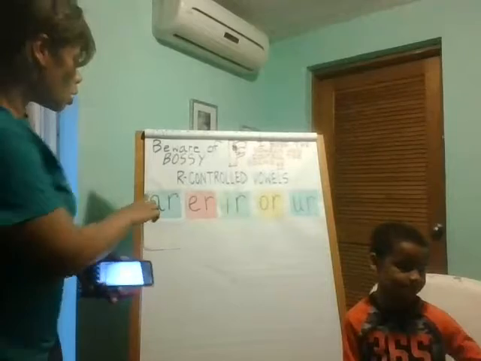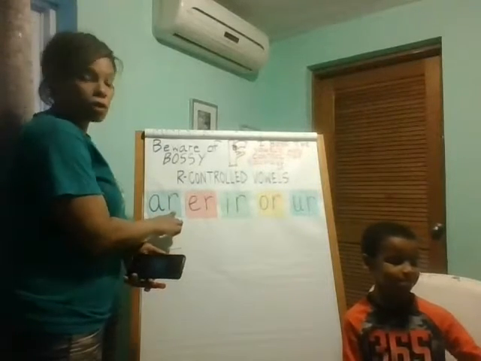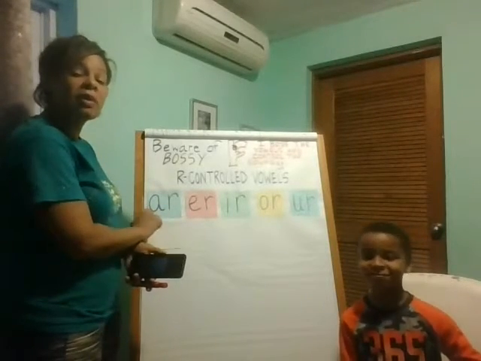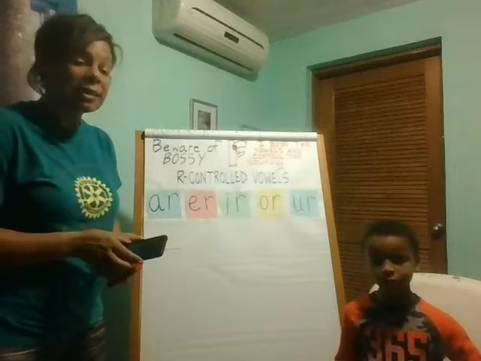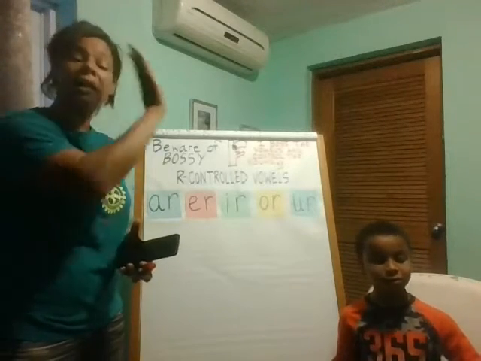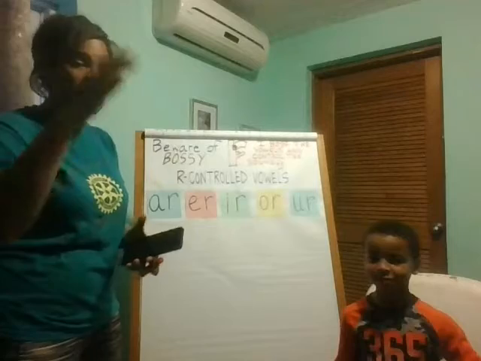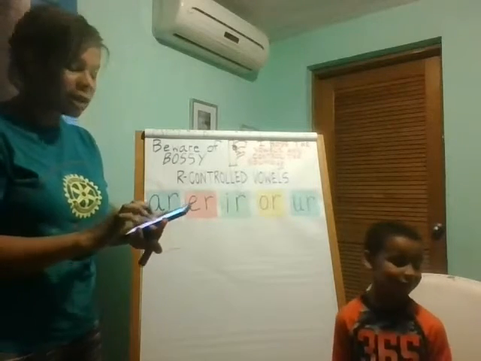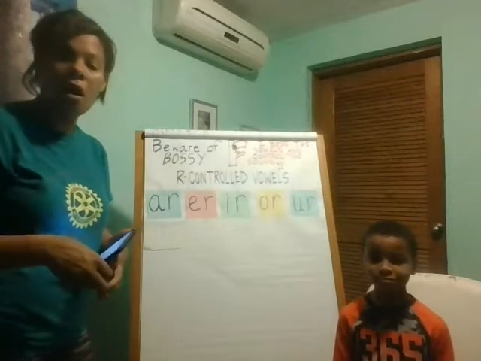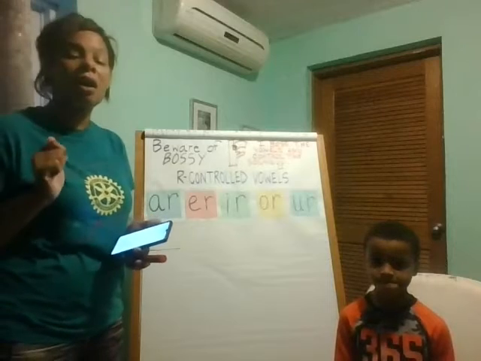Okay, so let's begin. Grab my marker. Okay, so we're going to work on the AR control, to make the sound ar. So all these words are going to make the ar sound. They all have one syllable, so think about the sound that you're going to hear at the beginning, then AR, and then the end. Okay, so the first word is car. So think about the sound that you hear at the beginning. K, k, k.